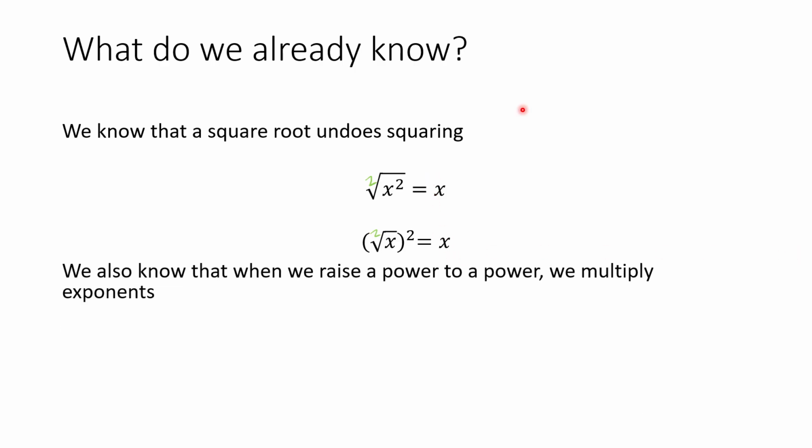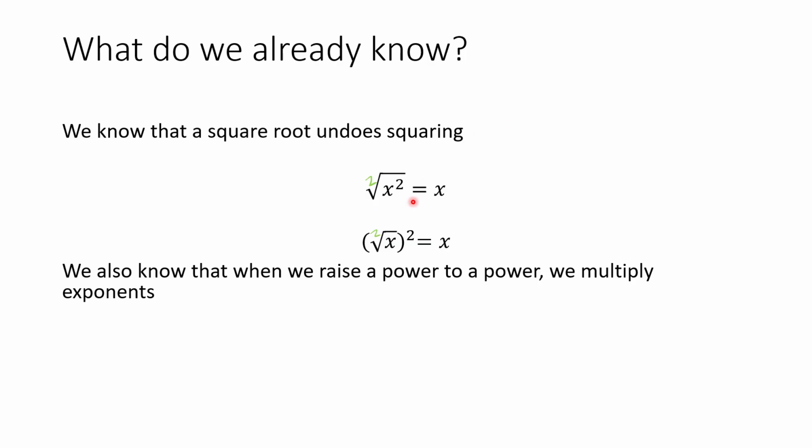And we also know that when we raise a power to a power, we multiply exponents. This goes back to Algebra 1 and what we call the laws of exponents. There's quite a large collection of things that qualify as laws of exponents. At least the way I approach it, I'm only big on covering 2 or 3 of those laws in Algebra 1 and then covering the rest of them in Algebra 2.